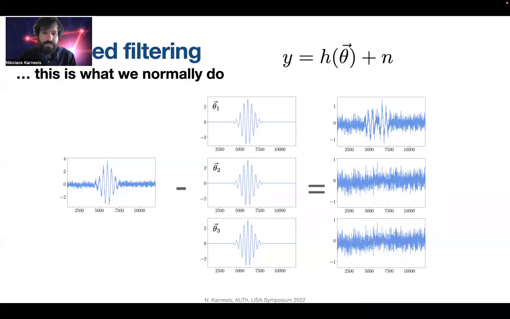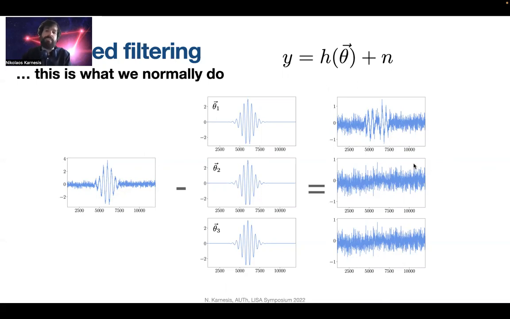So just a reminder of what we do usually in matched filtering. When we have some data set Y, which we assume is a sum of the instrumental noise plus some template that depends on some parameter theta, we usually try different sets of parameters, and then we subtract it from the data and we evaluate the residuals at the end.